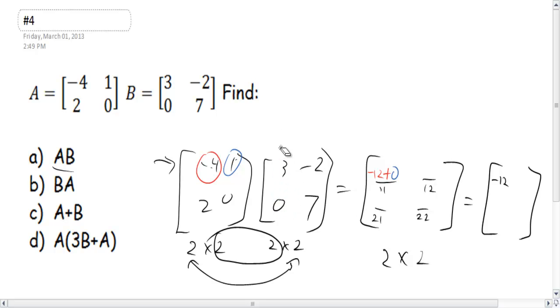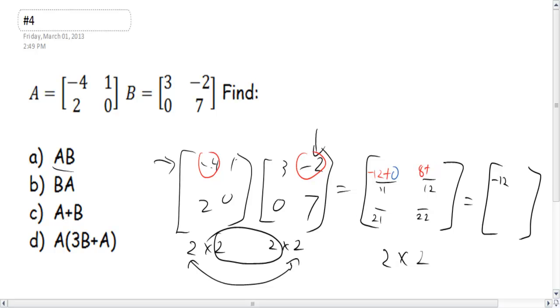Now I'm on the 1,2 entry, so still using row 1 but now column 2. The first elements are -4 and -2, so -4 times -2 makes +8.